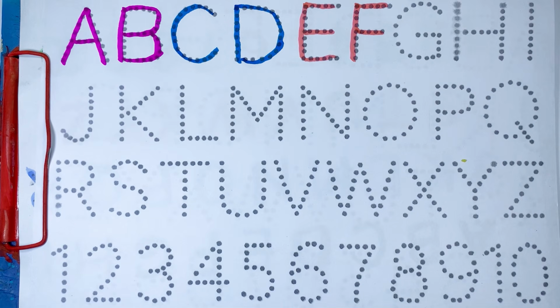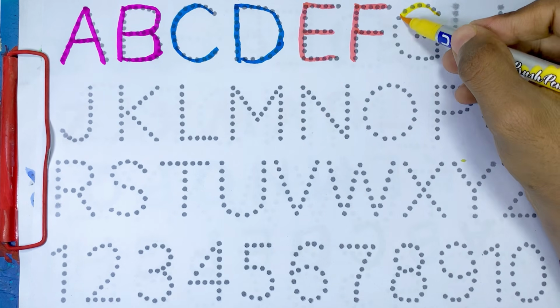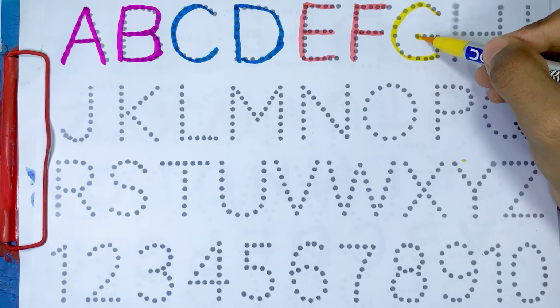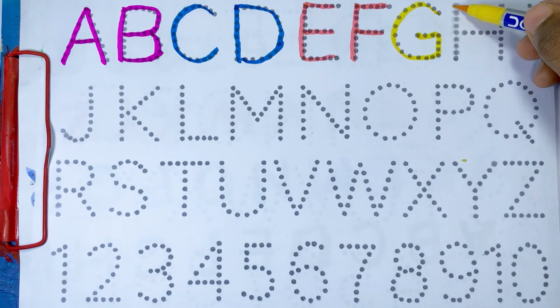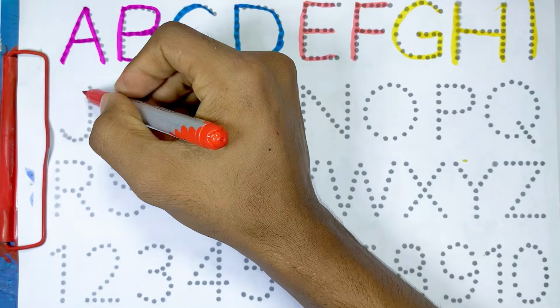F for fish. Kids, now you draw G. G for God. H for helicopter. I for ice cream. Kids, now you draw J. And use red color.